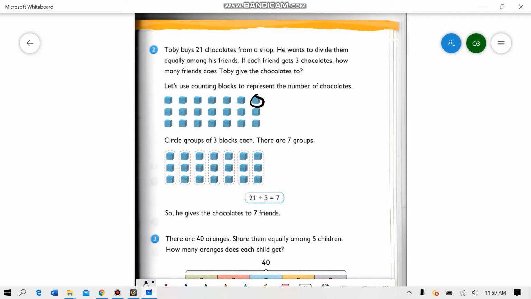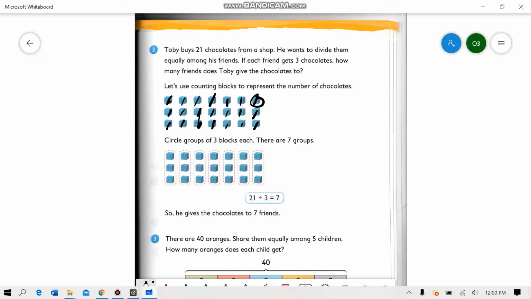So here we're making an array of 3 to see the number of groups we can make out of 21. Okay, so let's start counting by 3. So 1, 2, 3, 4, 5, 6, 7, 8, 9, 10, 11, 12, 13, 14, 15, 16, 17, 18, 19, 20, 21, and stop. Okay?